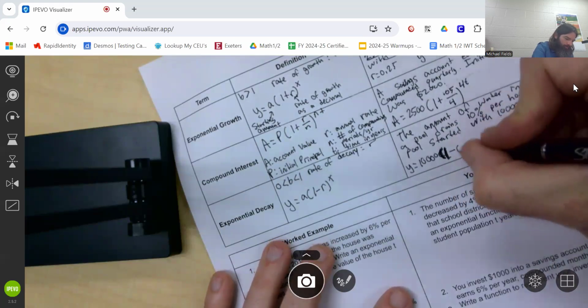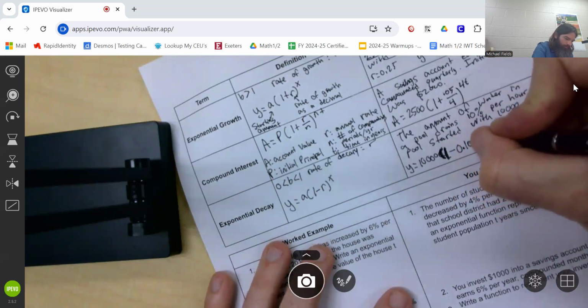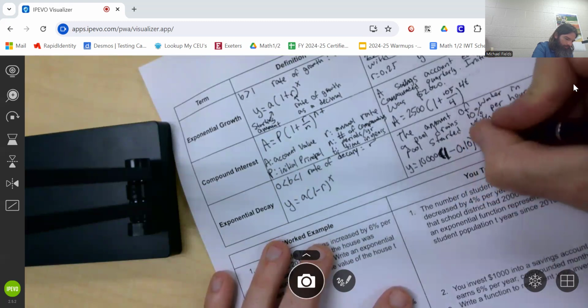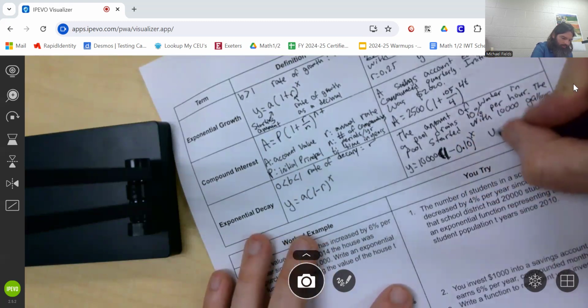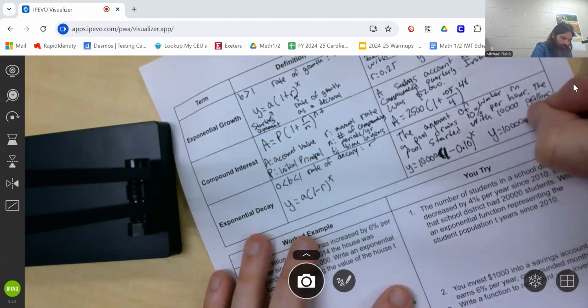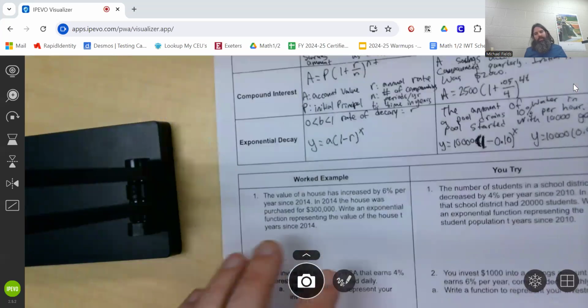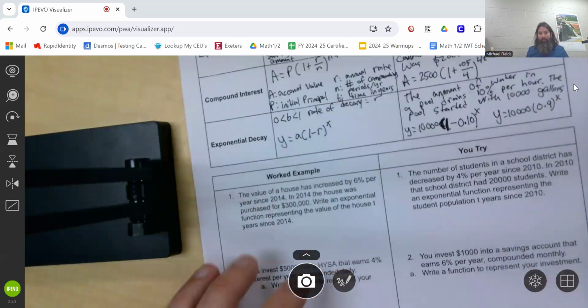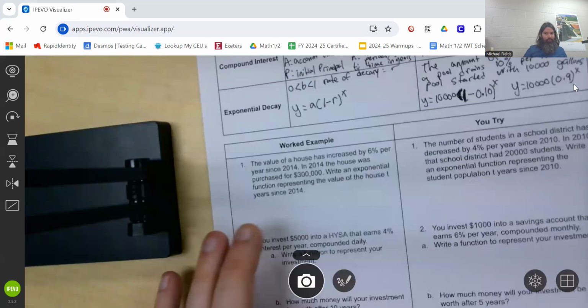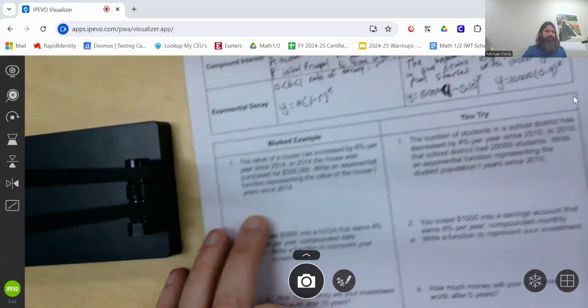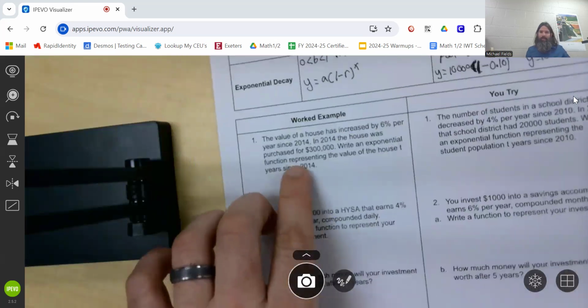So that's 1 minus 0.10 raised to the x power, which is going to be y equals 10,000 times 0.9 to the x power. All right. And whoever's draining that pool, they're never going to have an empty pool because of that asymptote at y equals 0.